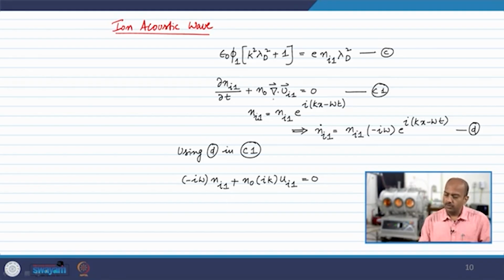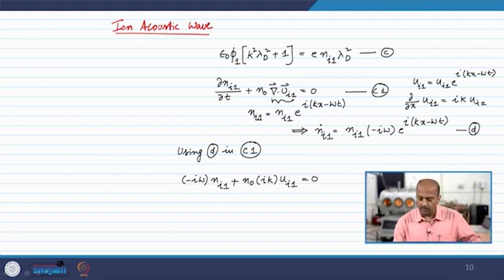So, we have also used del dot u I1 because u I1 is supposed to be this u I1 e to the power of i (kx minus omega t). So, dou by dou x of u I1 becomes i k times u I1.